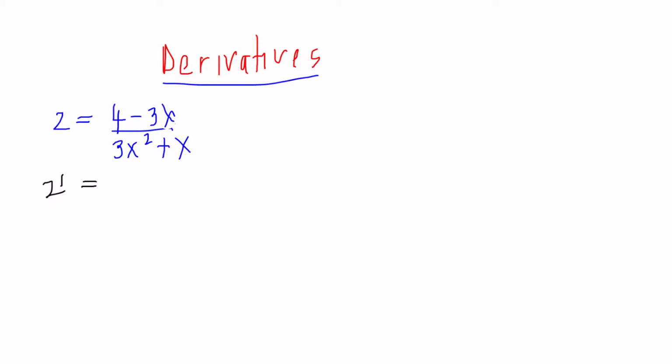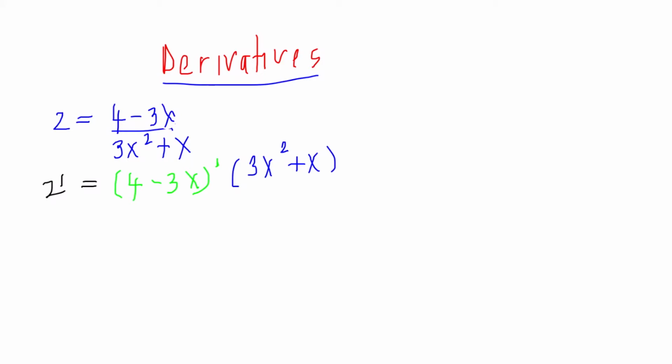So first we take the numerator function, 4 minus 3x, and we find its derivative. That mark I put over there is just to show you that we need to find its derivative. Then we multiply it with the denominator function, 3x squared plus x.